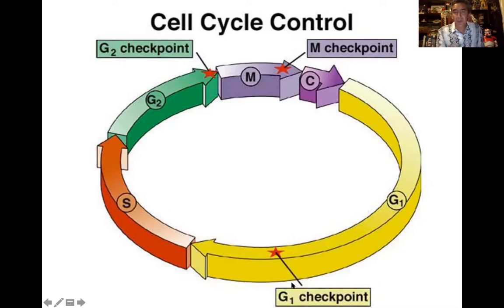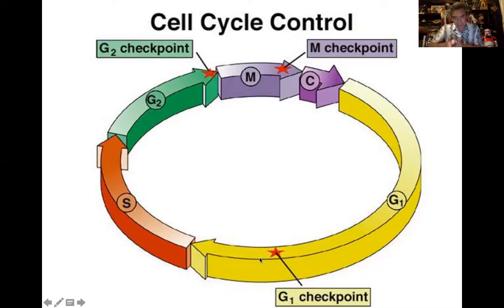So the G1 checkpoint is checking for that. Is the gas tank full? Is the cell phone battery fully charged? Is our ATP supply ample enough to carry us all the way through S phase? We don't want to run out of energy halfway through our DNA replication process. Right? So G1 is checking for basically, is there enough ATP?